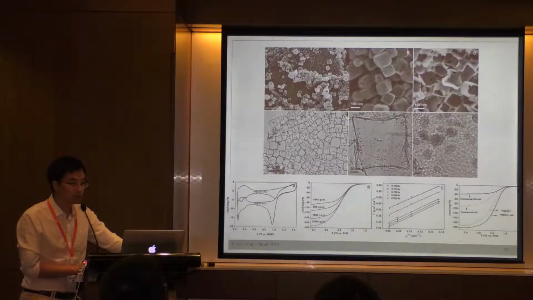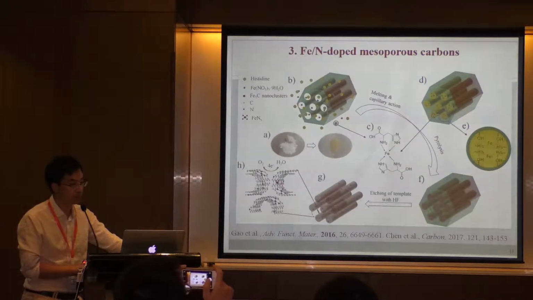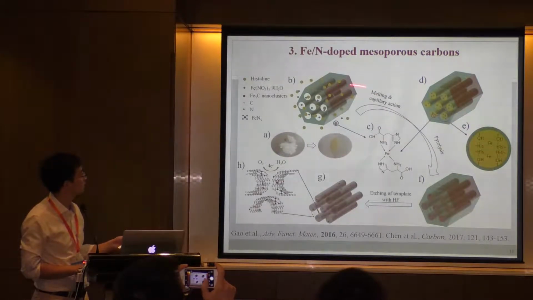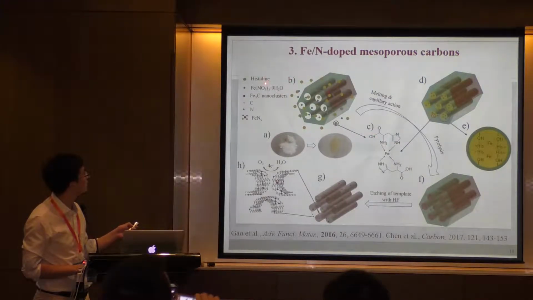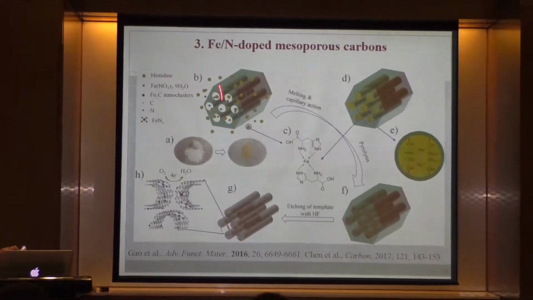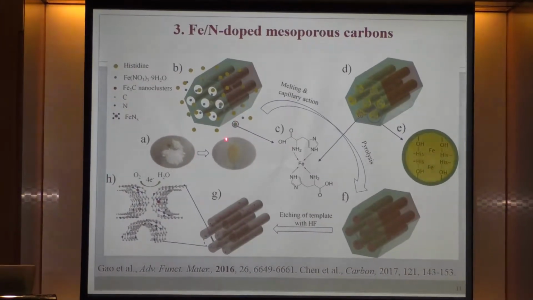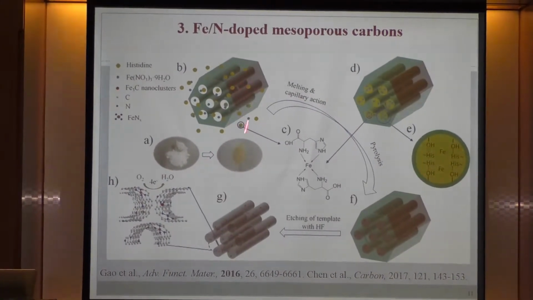So here we just show 2 examples about CVD, and next we will give you another example that uses a solvent-free method to get this kind of oxygen reduction catalyst. Here again, we still use a mold, and without any solvent, we just mix the mesoporous silica template, iron nitrate and the amino acid histidine, mix it together as solids, and then after grinding a little bit, heat the mixture.